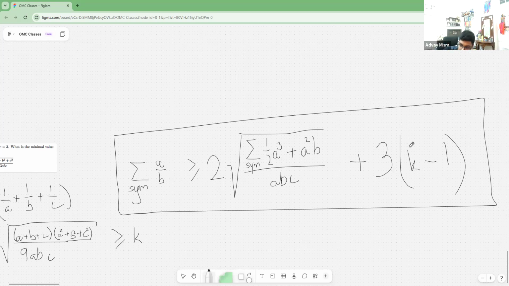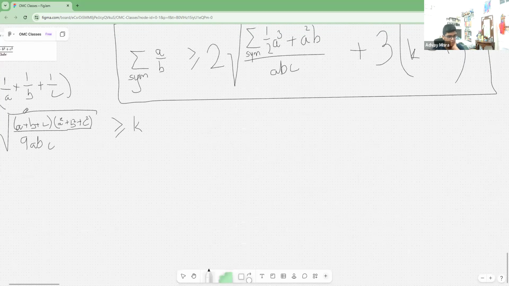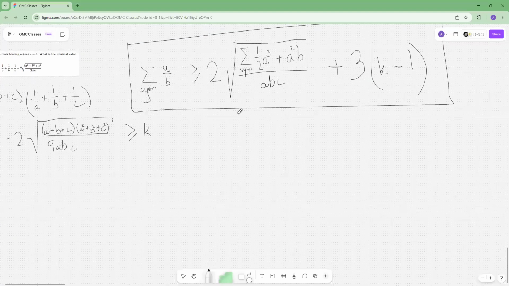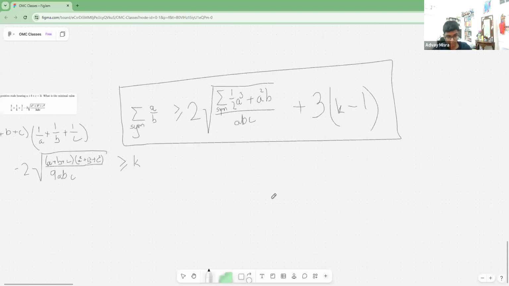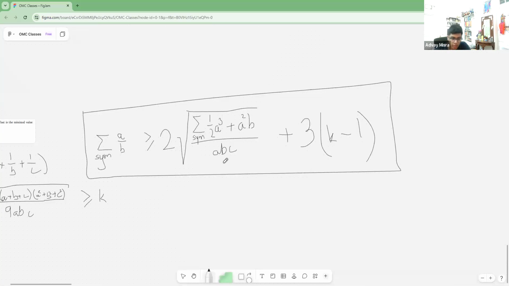That case is equivalent to saying k is equal to 1, where we said k is the minimal value. So we can check this case. If it turns out to be wrong, then we won't have wasted too much time, because this term cancelling out will save us a lot of algebra.